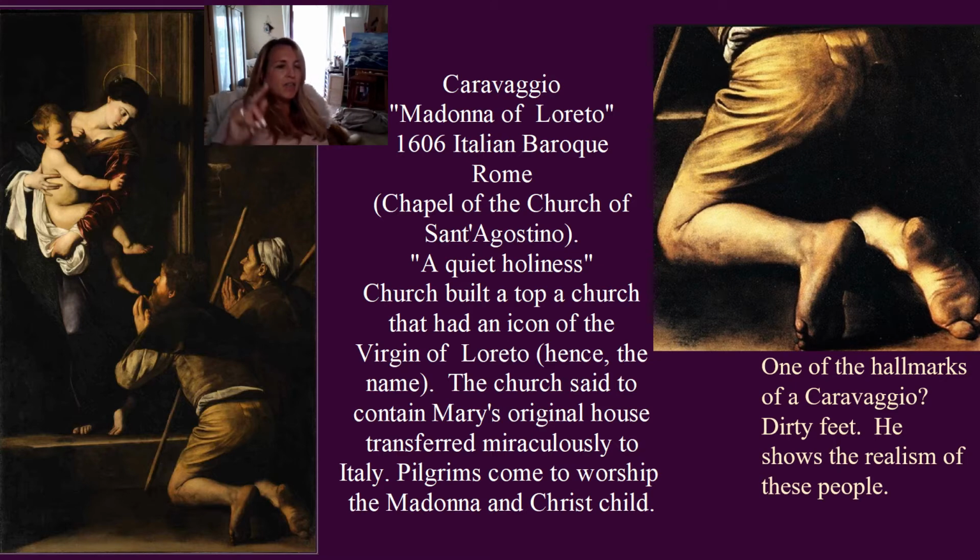And then you have this very, very thin halo in the style of Leonardo da Vinci. The baby looks really natural, like a toddler as well. There's a quiet holiness to this work, an elegance to the Madonna. Look at those long, elegant feet.